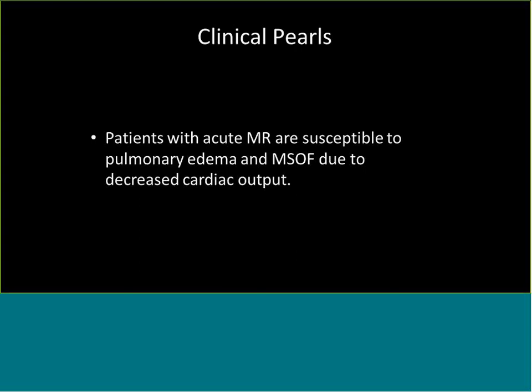If you have a flail leaflet, can you capture that leaflet and reduce the MR to moderate for a couple of days to allow their liver, their kidneys, or their lungs to recover, and then go on with surgery? So as we advance with our percutaneous technology and our multidisciplinary team, I think we're going to be able to treat these really sick patients more effectively because we'll all work together.